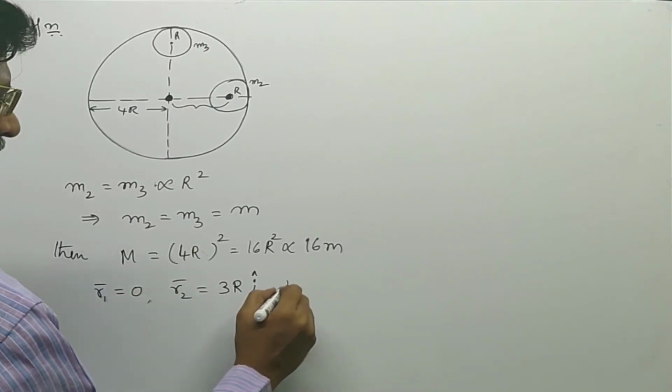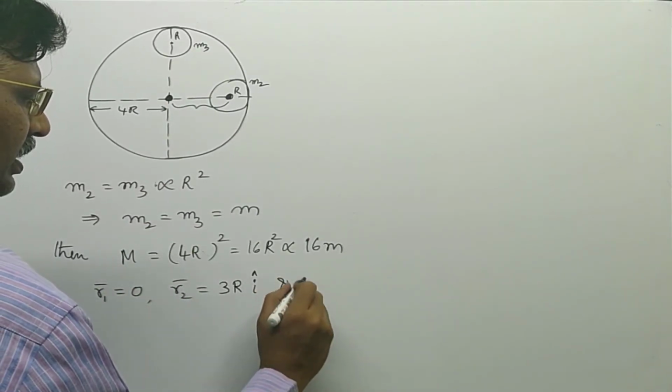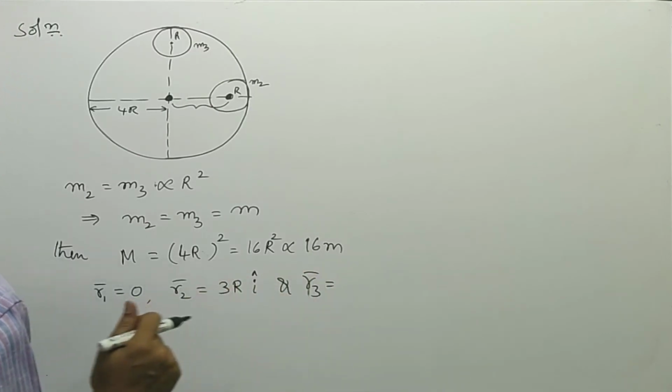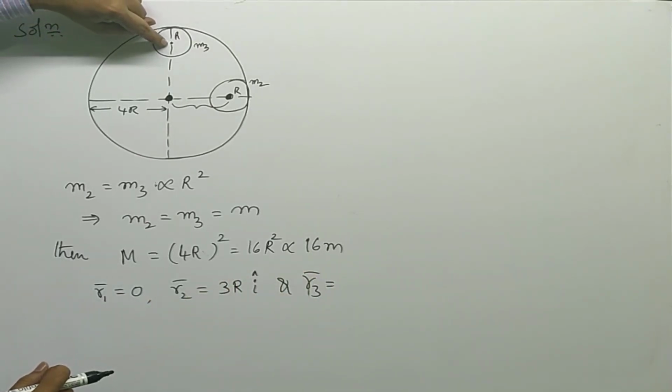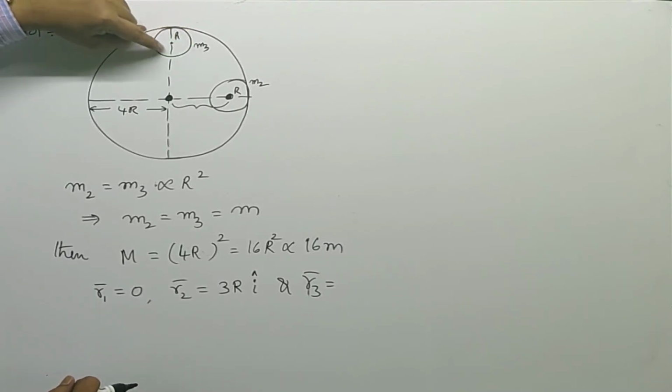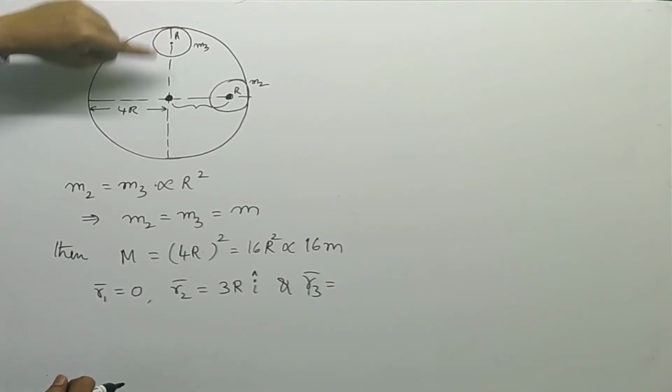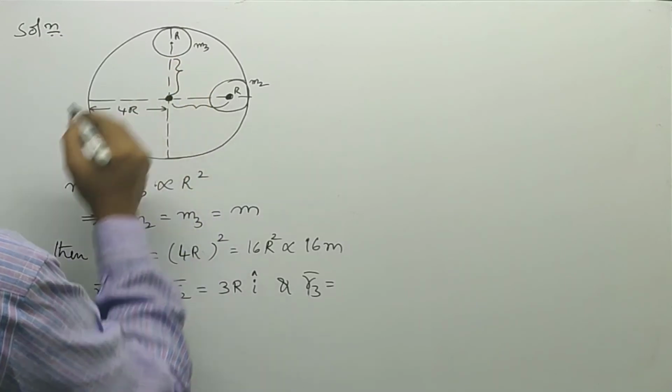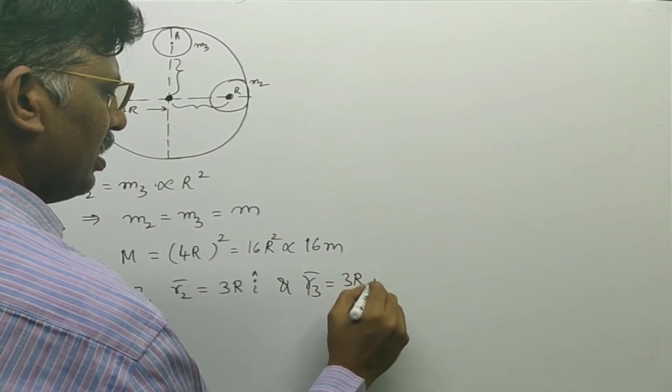Similarly r3 bar, the distance of the center of mass of the second removed portion on the y axis, is also 3r distance, but along the y direction.